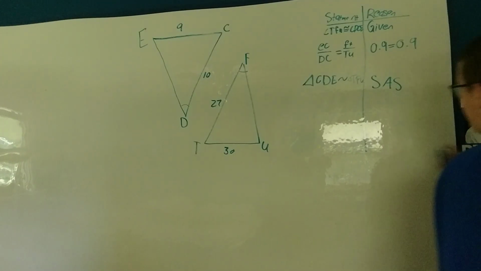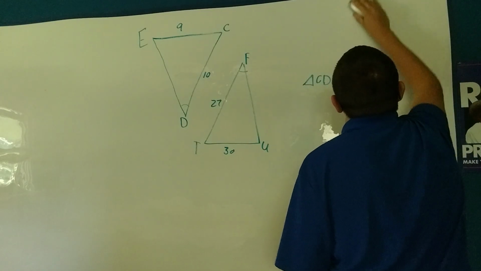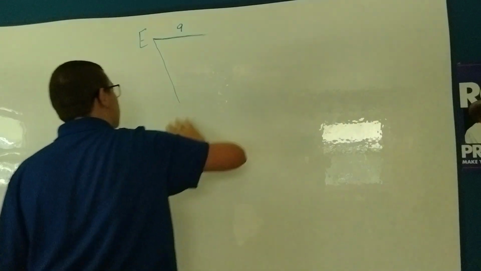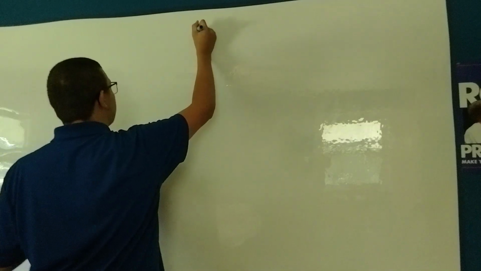Next, let me erase this. Next one, we have a diagram where triangles are on the same plane again. Okay, it's going to look like this.